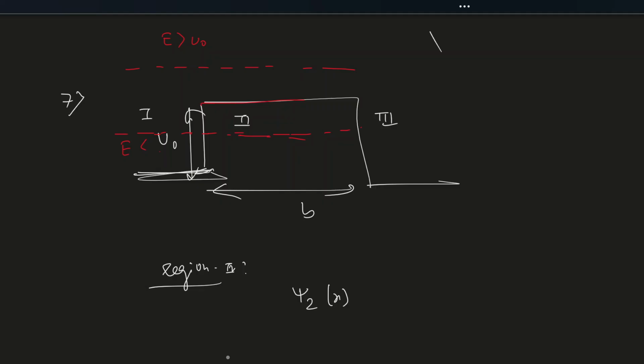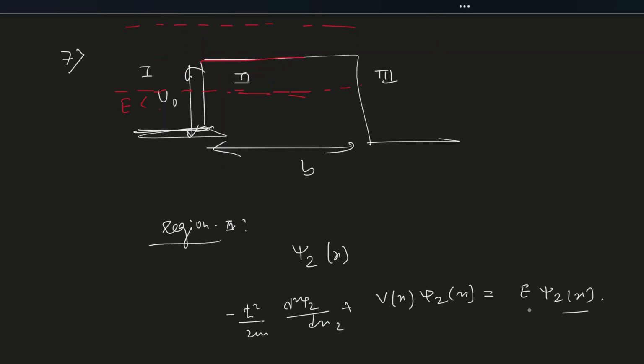So this is minus h-bar squared by twice m, d2 psi 2 by dx2, plus V(x) psi 2(x), equal to E psi 2(x) for this case.